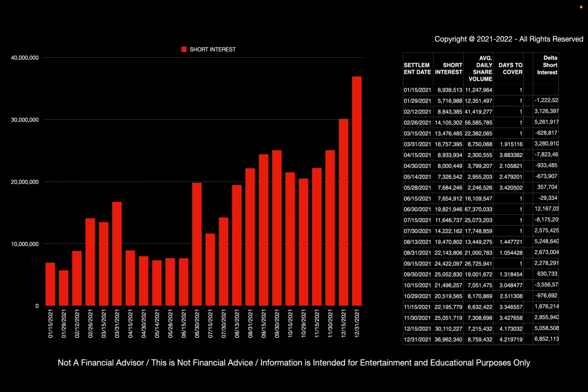So here's what the short interest looks like. I just made the bars red now because it's shares that have been sold, so it's short sales. And on the right, you see the actual columnar data, right?